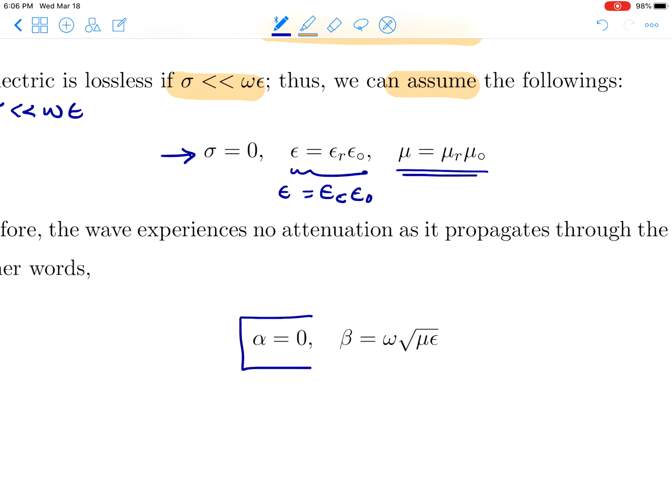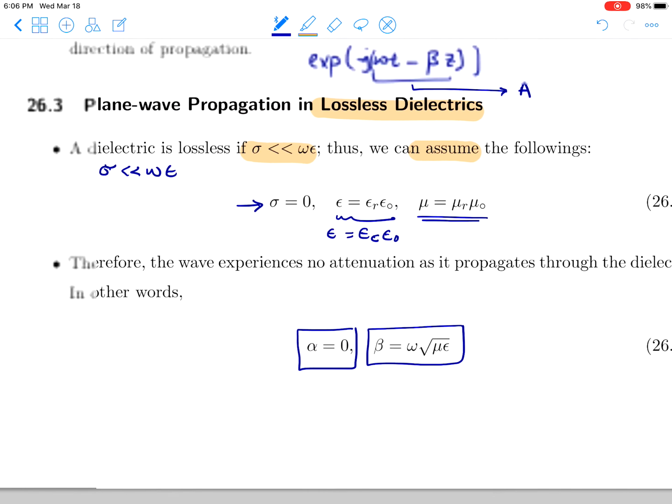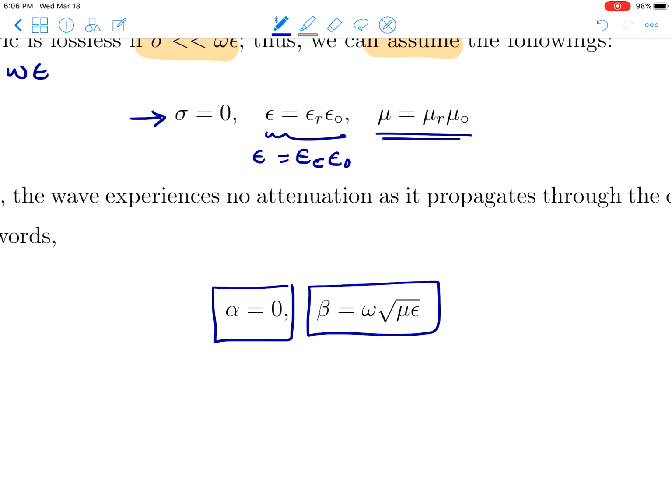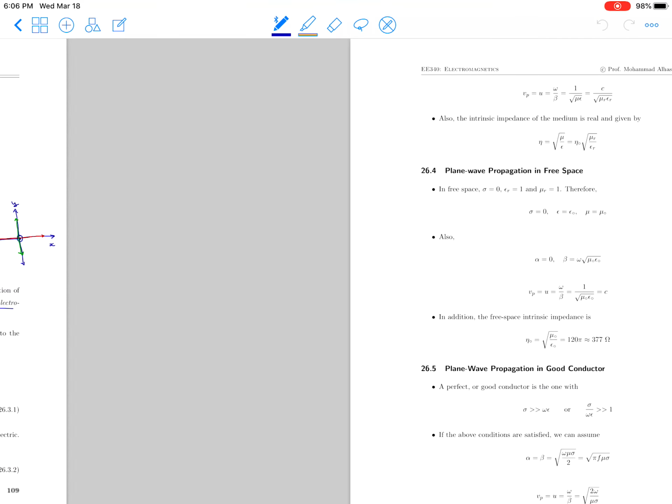The first one is that the attenuation constant is zero here. The wave will not be attenuated, and the wave number, or the phase constant, is beta equals omega times square root of mu epsilon.